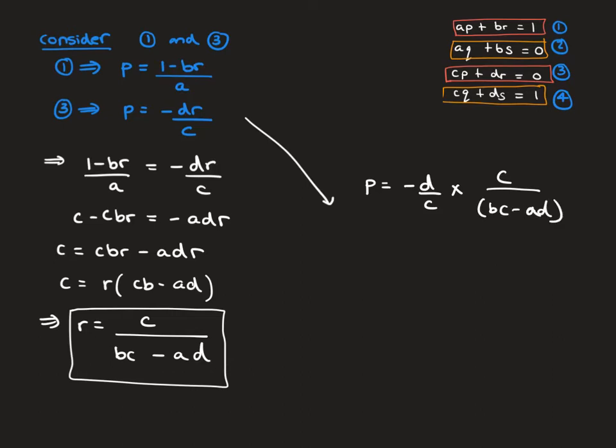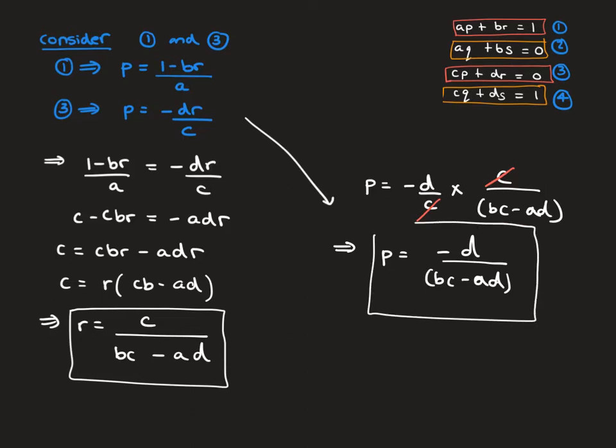And carefully, we can see here that we can eliminate C, which gives us P equals negative D over the same denominator, BC minus AD. Careful with your A and D, make sure they don't look similar. So we now have P and R in terms of A, B, C and D.